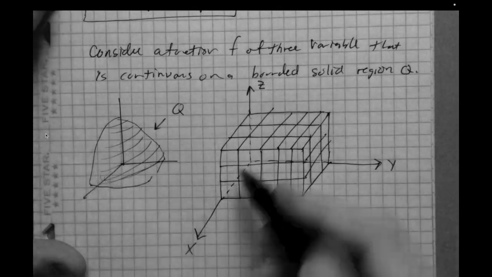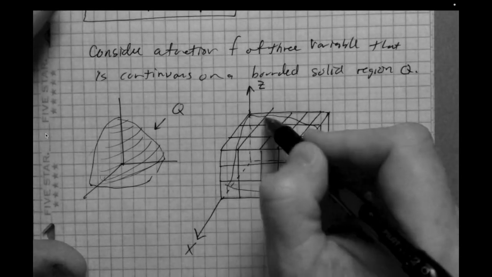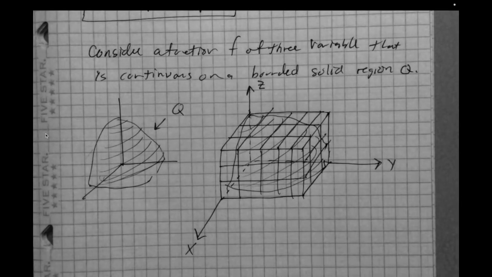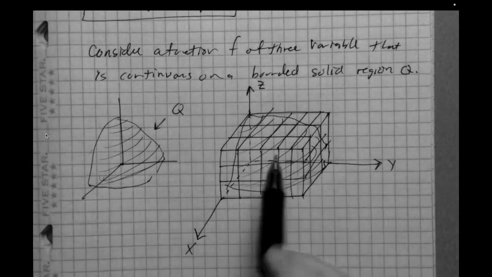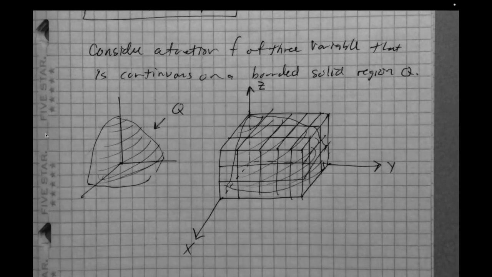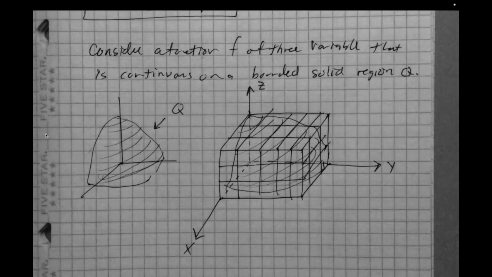Inside this grid is the shape that we're interested in, but it's all gridded off into these rectangles. You can see obviously these cubes will completely encompass the solid region Q. That's what we start with.